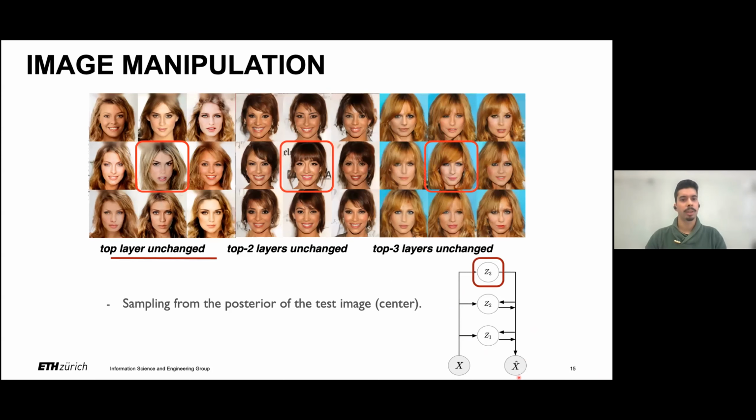So as we look at the layers that we keep unchanged, we see that the changes in the pictures decrease. So higher level features will be encoded by the higher level architecture of our VAE.